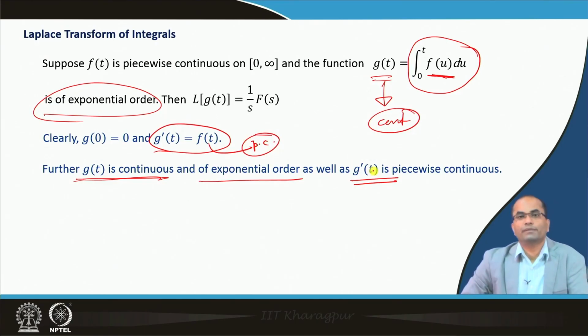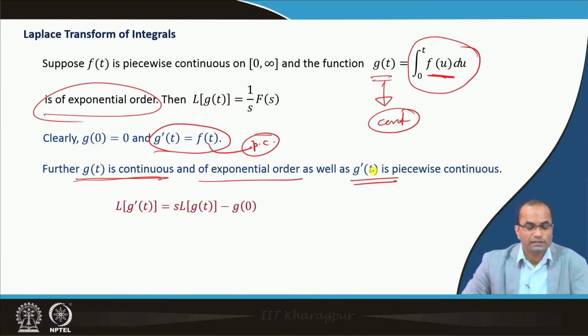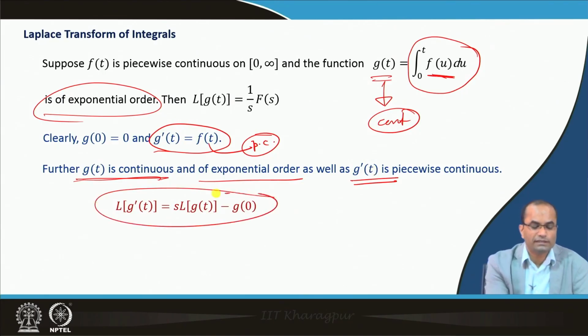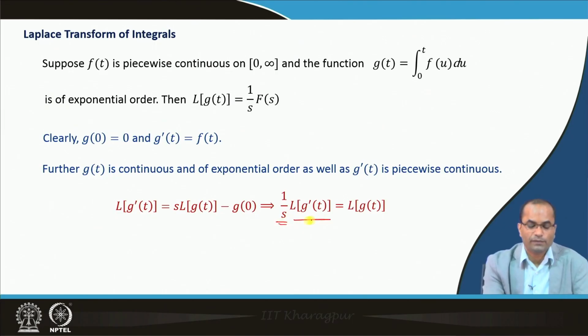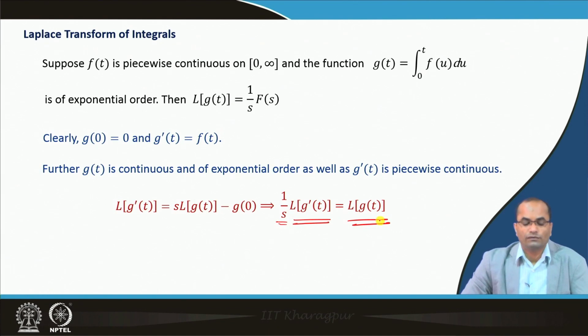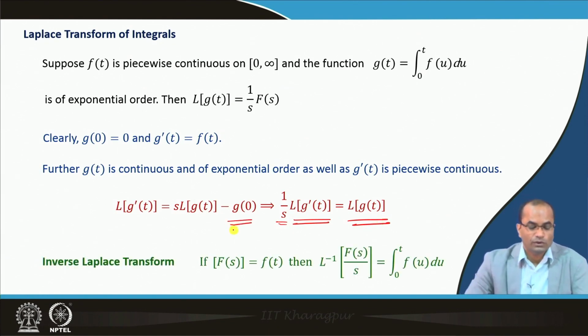So, g(t) is continuous of exponential order, and g prime(t) is piecewise continuous. We can use the derivative theorem just discussed, that the Laplace of g prime(t) is s times the Laplace of g(t) minus g(0). So, we have 1 over s times the Laplace of g prime(t) is equal to the Laplace of g(t), because g(0) is 0.